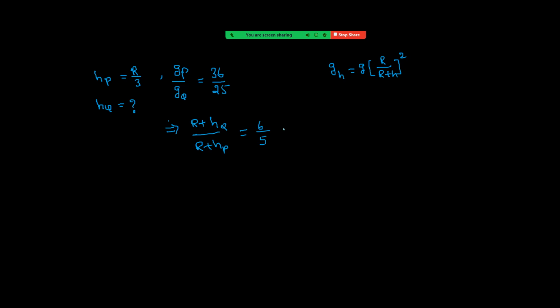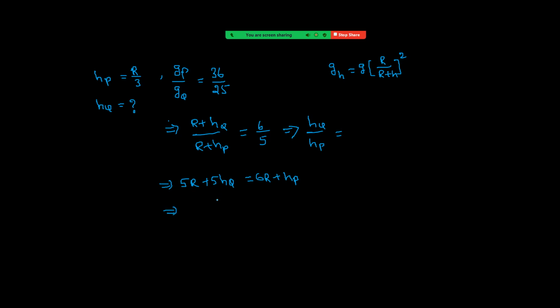Now from this, see what we can get. So this is giving us HQ by HP. Or let us see the calculation from here. 5R plus 5HQ is equal to 6R plus 6HP, right?